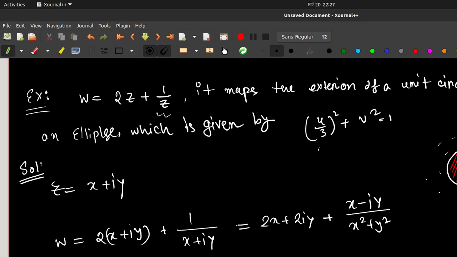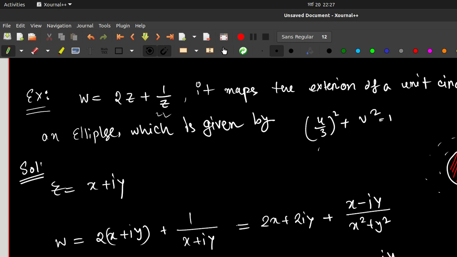So you can use this condition over here and simplify this a little bit. So this will give you 2x plus 2iy plus x minus iy, and then you do the algebra. This is just 3x plus iy, and this is w in terms of x and y, right?